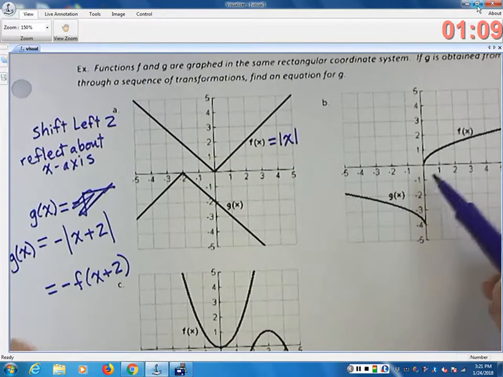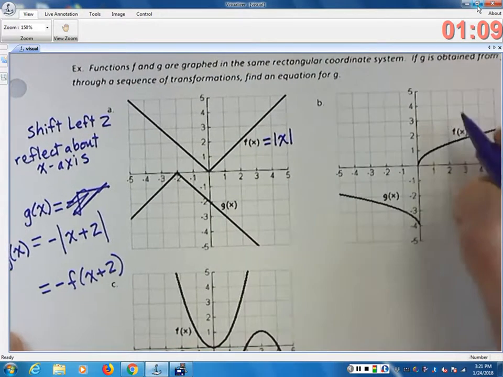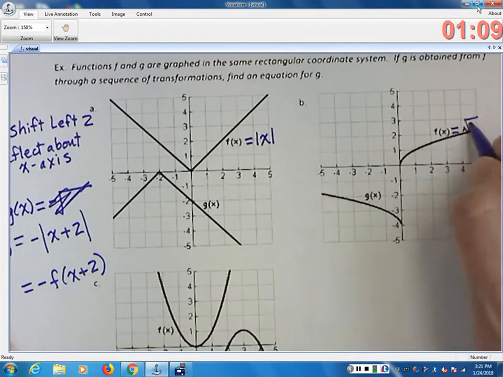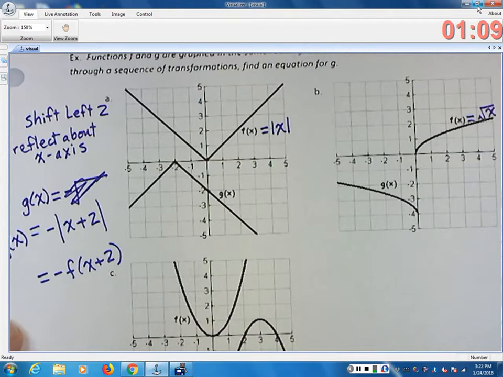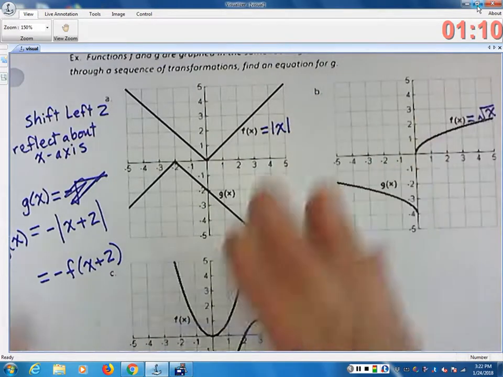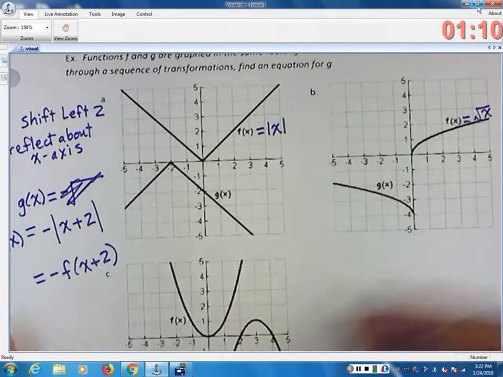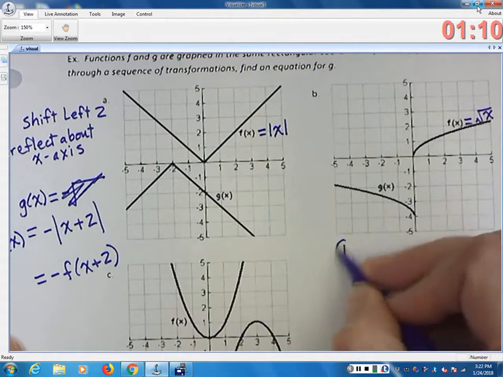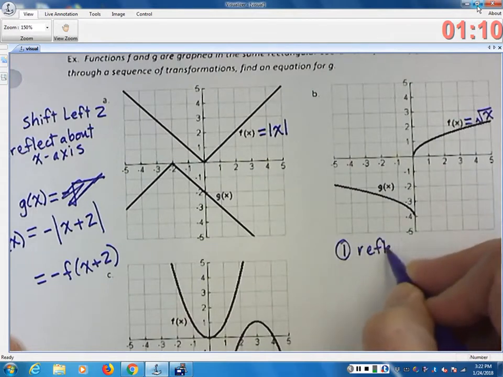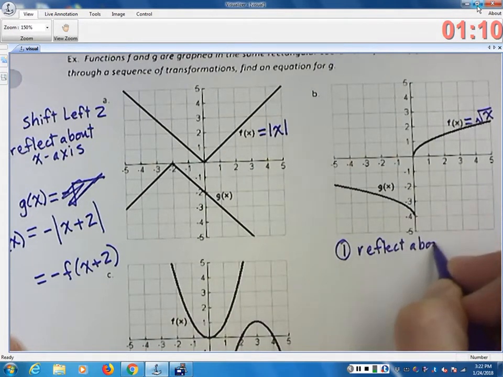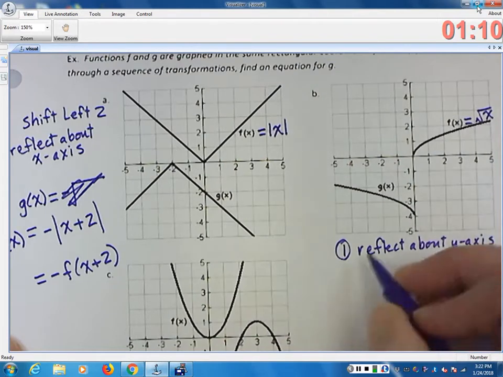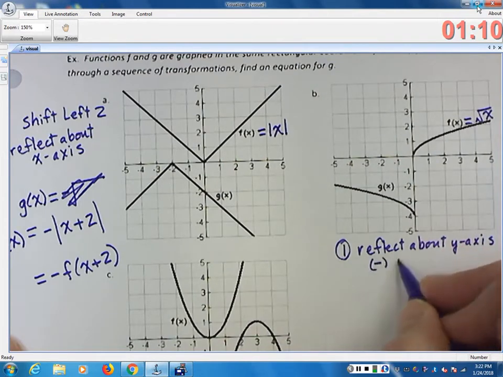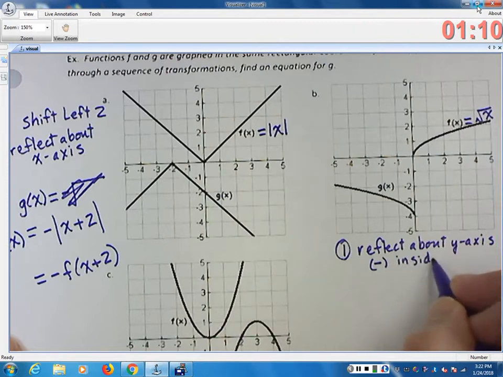Okay, this next one, B, this is the square root function. So it looks like we reflected about the y-axis. That changes x, so the negative is on the inside. So that would be square root of negative x.